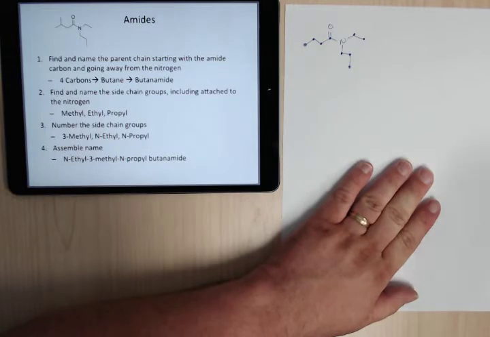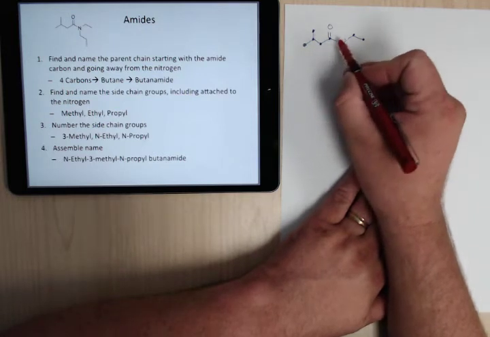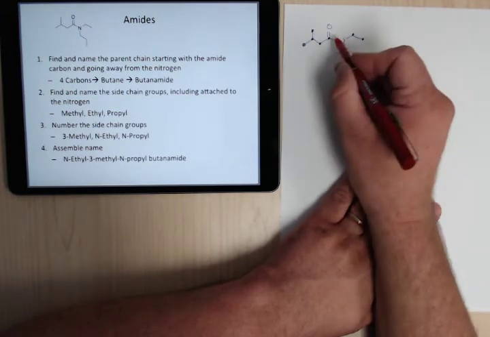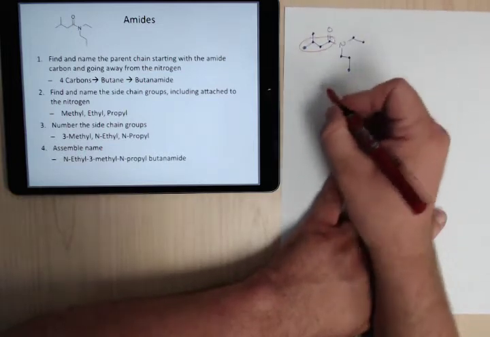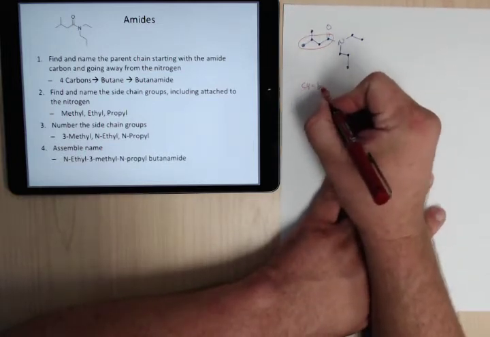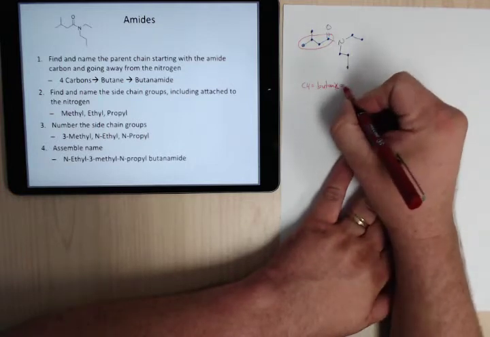Oops, forgot a carbon. So we're going to go 1, 2, 3, 4. Don't forget to go to the side chain. 1, 2, 3, 4. So it doesn't really matter. We're going to say that's the main chain. So it's C4, which would normally be butane, but we're going to take off the e and add amide.